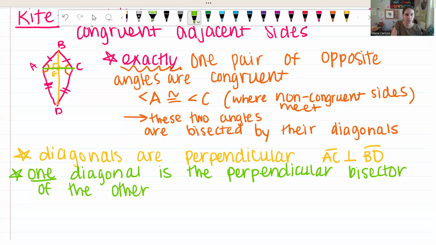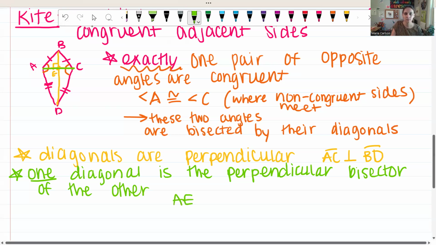So I can tell that AE is congruent to EC, and that AE or EC is half of AC. You could add those two together to get AC.